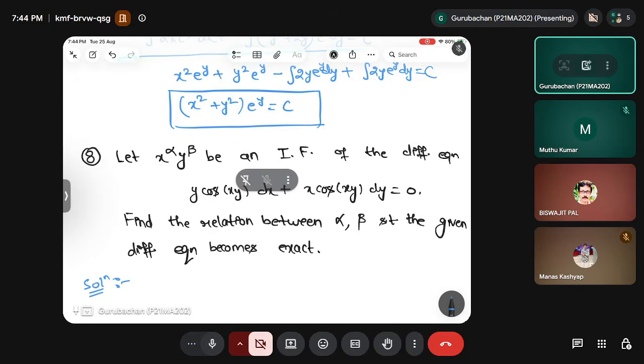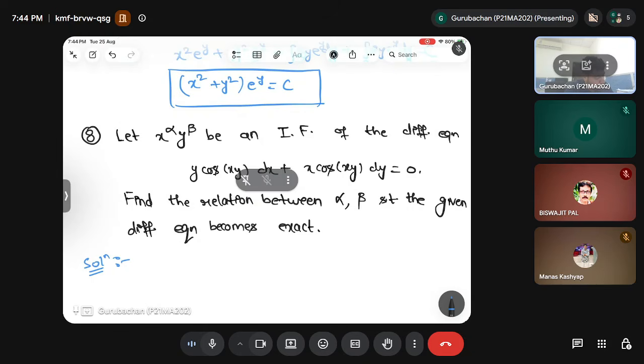Correct. So when you take del M by del y, you will get plus xy.